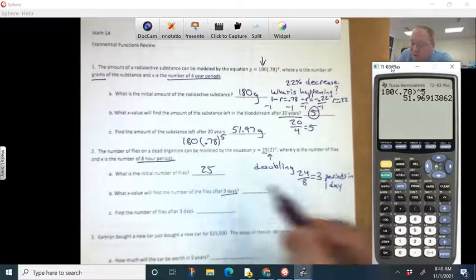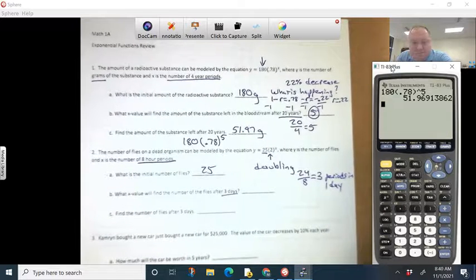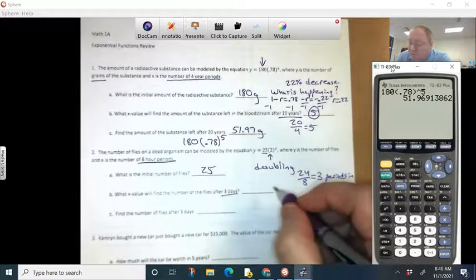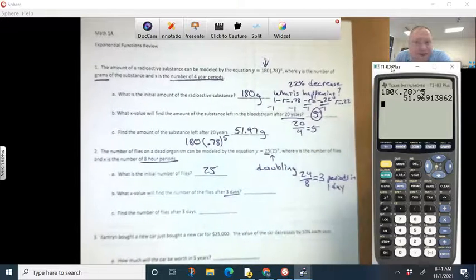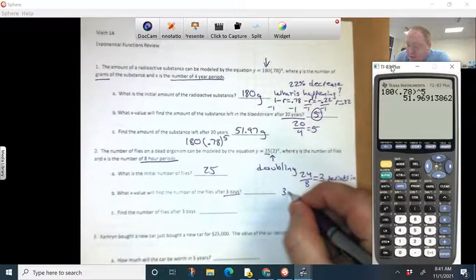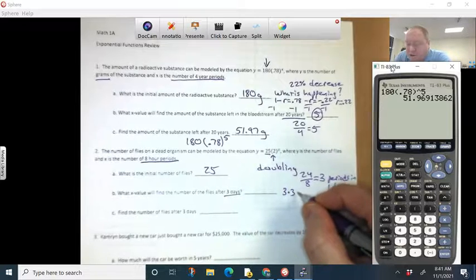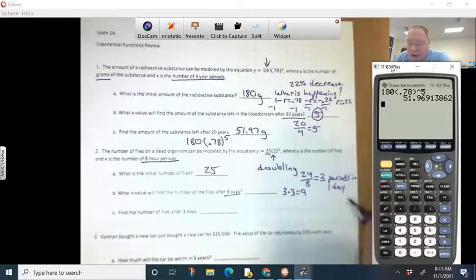Well, this is 3 days. So there's 3 per day, and we're talking about 3 days. That means it's going to occur 3 times 3, or 9 times. So 9 cycles.